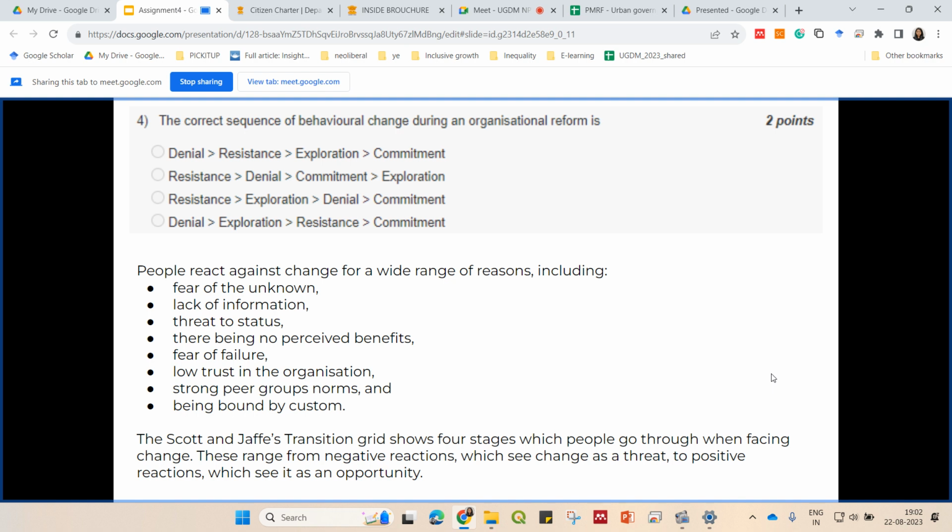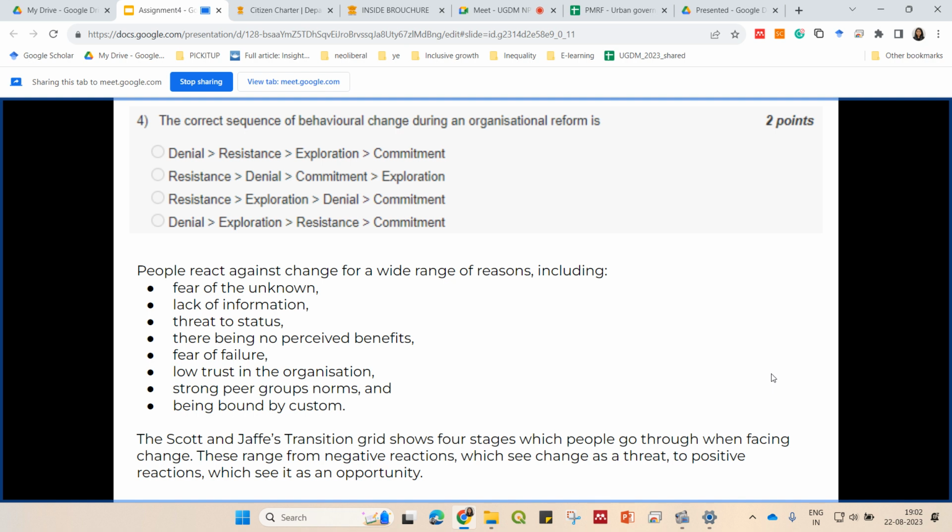There can be strong peer group norms which might push people to react against a change, or they can even be bound by custom. So they have been following something for a very long period, and now they're bound by a custom that this is the way in which things have been followed for a very long time, and this is how things should be followed.